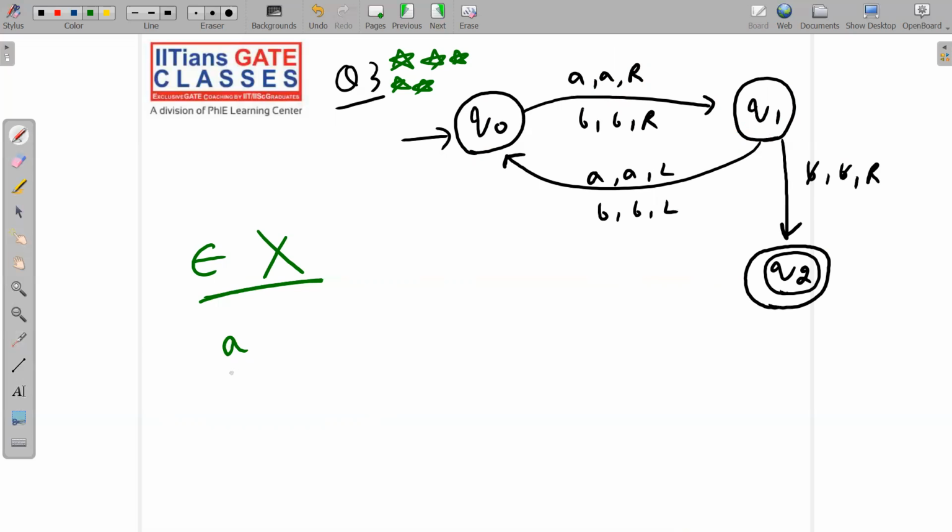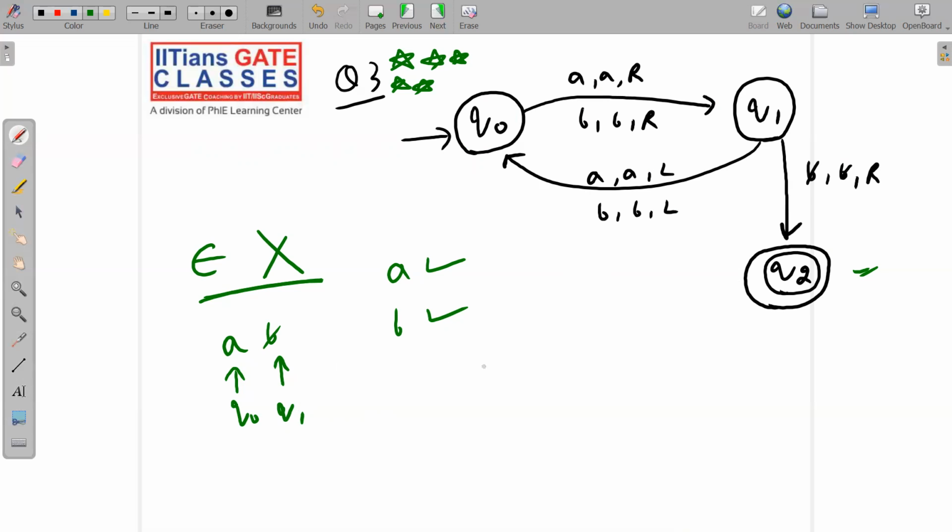Since we have a single a as the string, the next symbol will be blank. Q1 on reading blank moves to state Q2. So a single a will be accepted. Similarly, you can check it yourself, a single b will also be accepted.